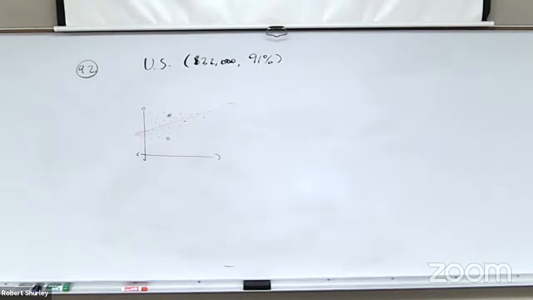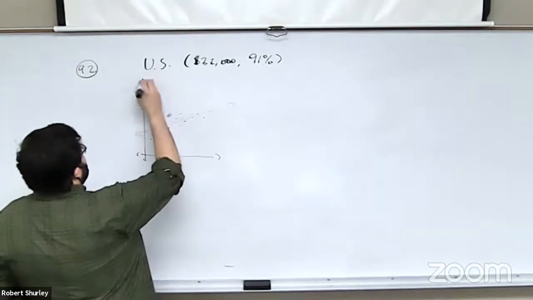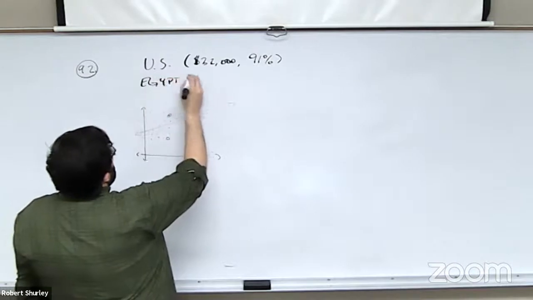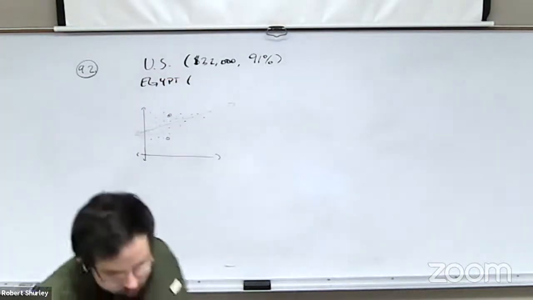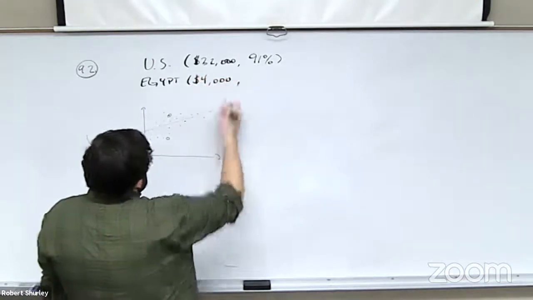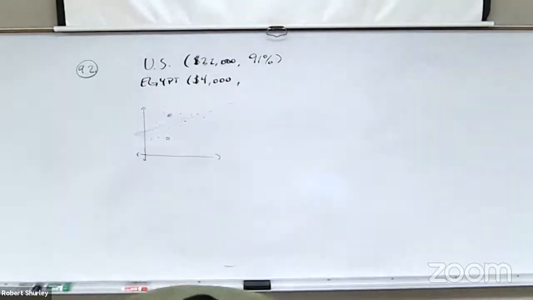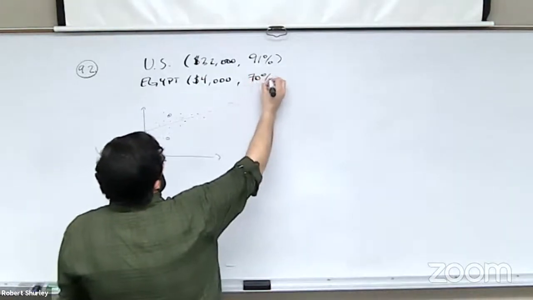We'll do Egypt. We'll raise it up just a little bit. Egypt is about 4,000 on the per capita income, but it's smack dab at 70 on its percent happy.